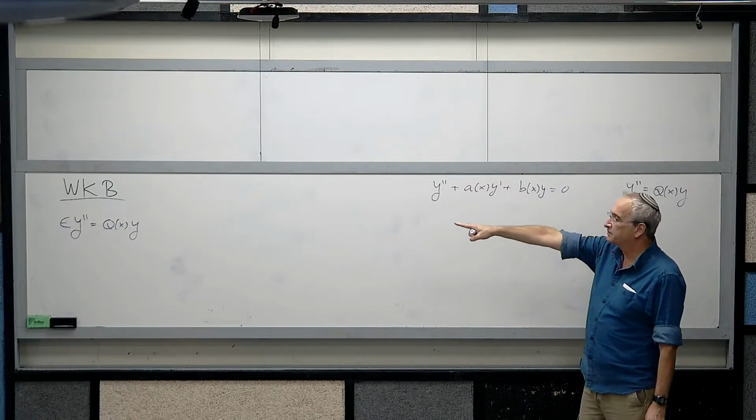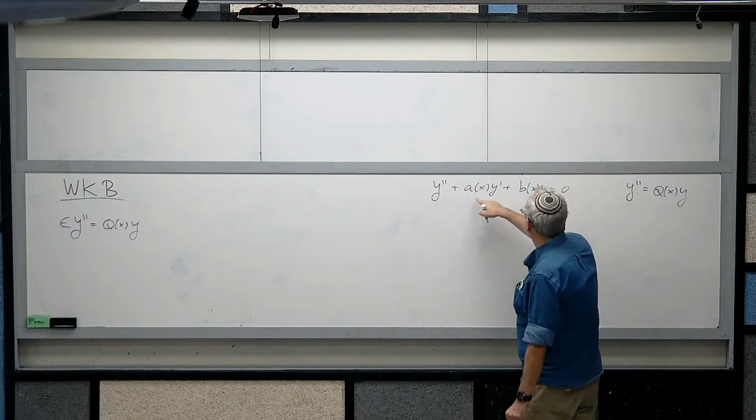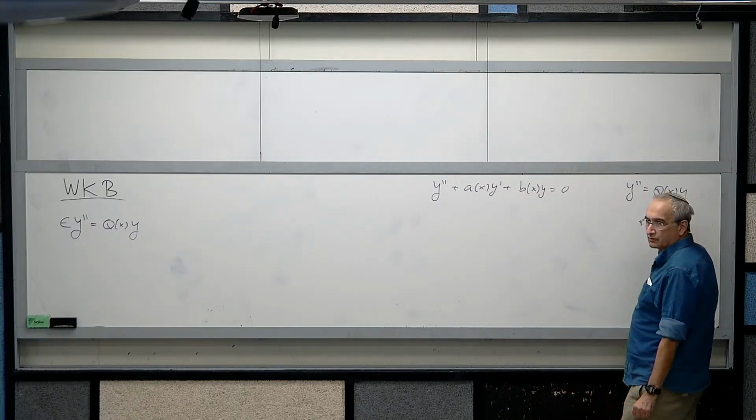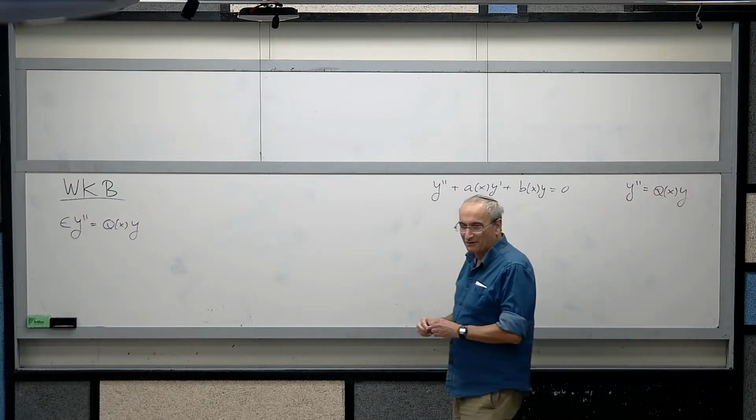So this is not a special case of something except of the epsilon, but every equation like that may be written that way. How? This is what I'm going to show you now.